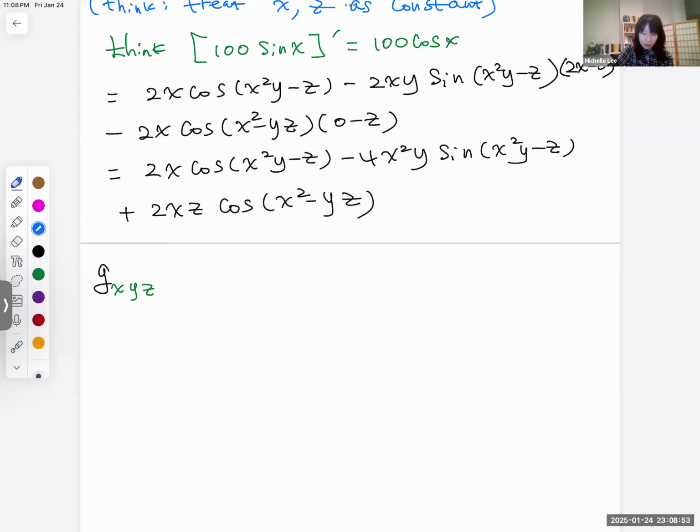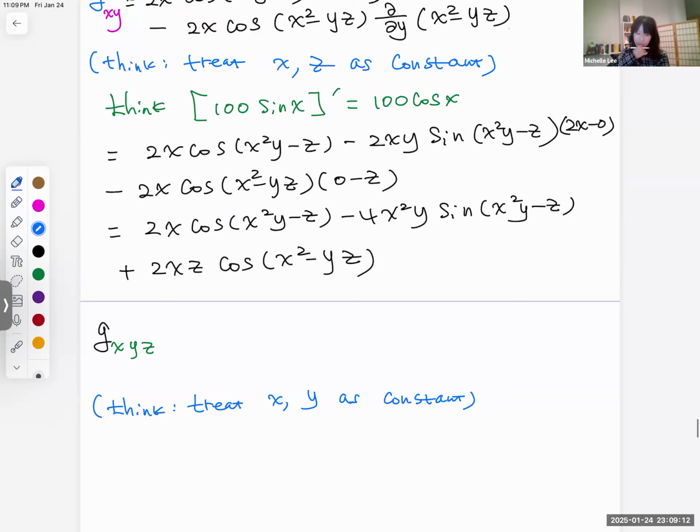All right, so last one. Treat x, y as constants. We don't have a z here, so this is a constant.